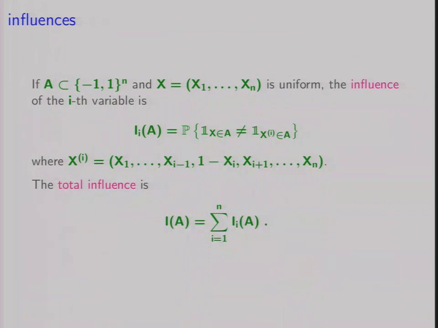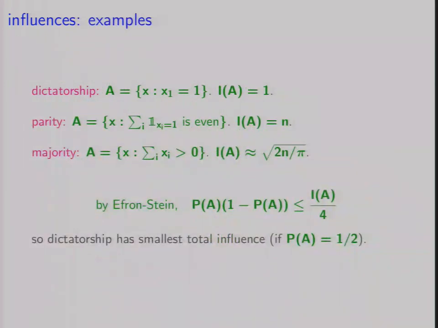Now, the Efron-Stein inequality, this influence is familiar, right? The total influence is what comes up in the Efron-Stein inequality when we use it for the indicator function of this set. The Efron-Stein inequality tells us that the variance of the indicator function is less than the Efron-Stein estimate, which is just the influence divided by 4 in this case. So this shows that dictatorship is the set that has the smallest possible influence.